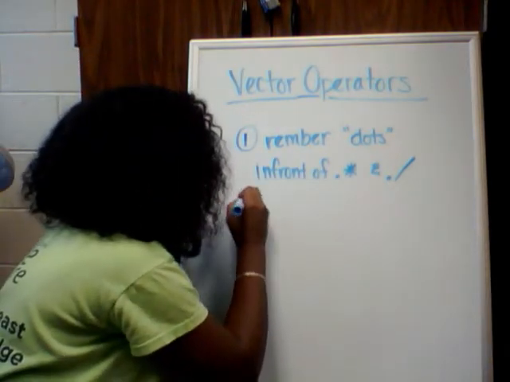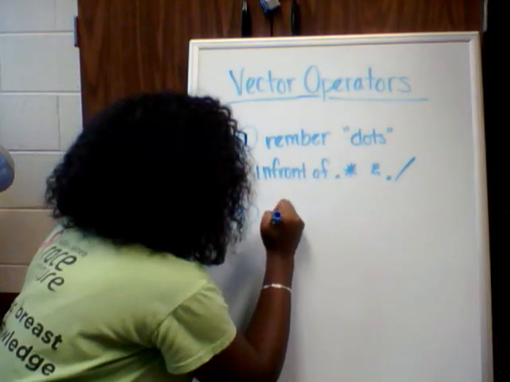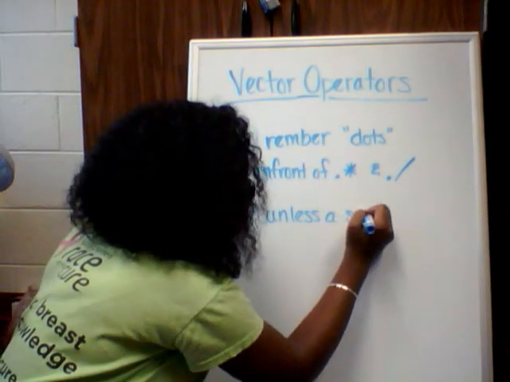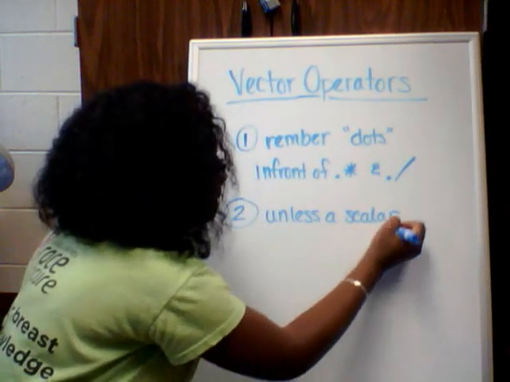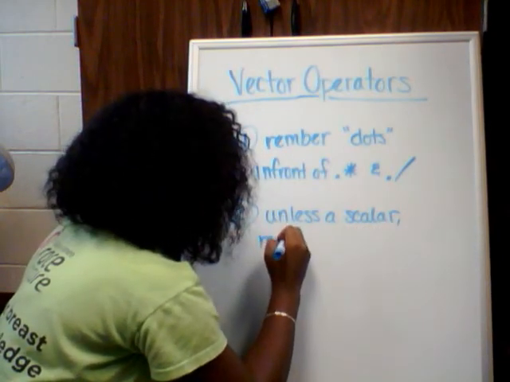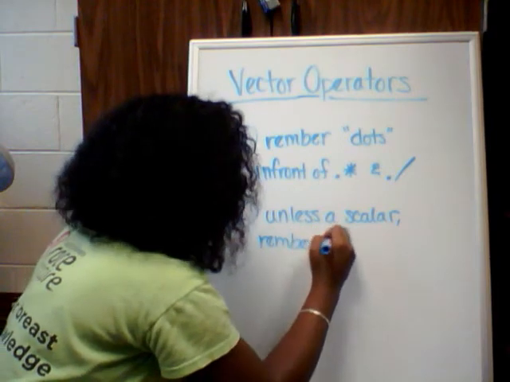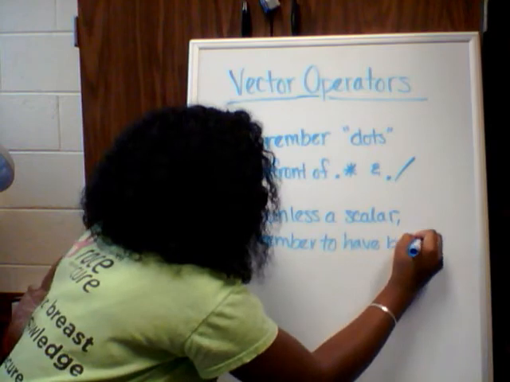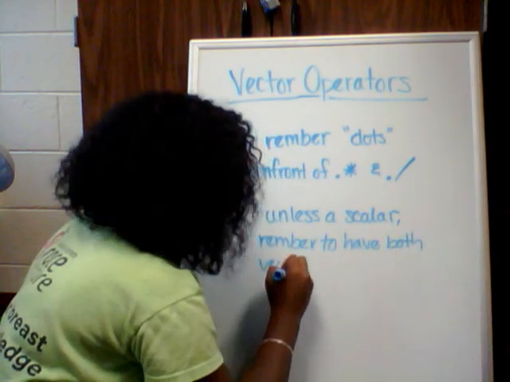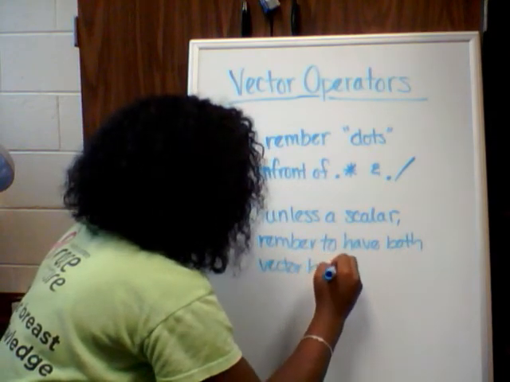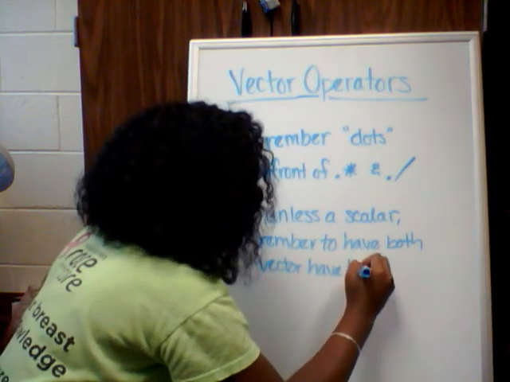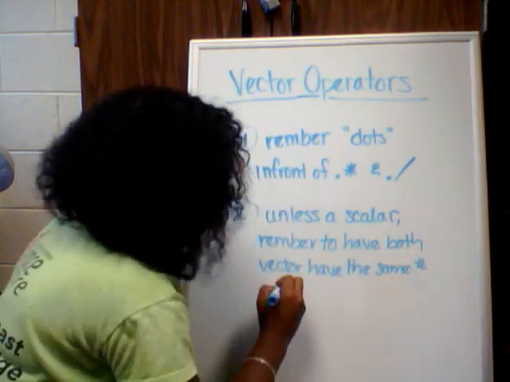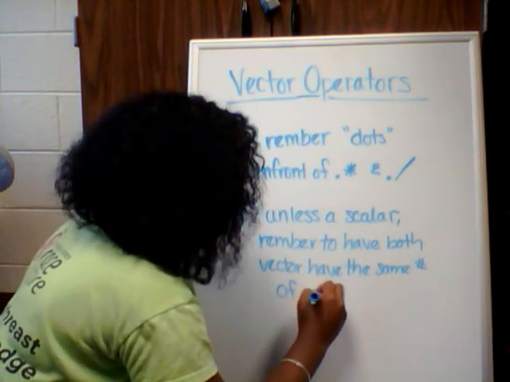And two, unless it's a scalar, remember to have both vectors have the same number of indexes.